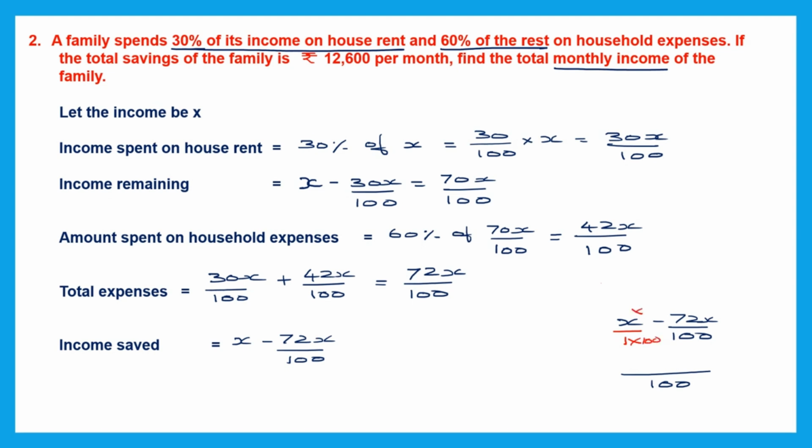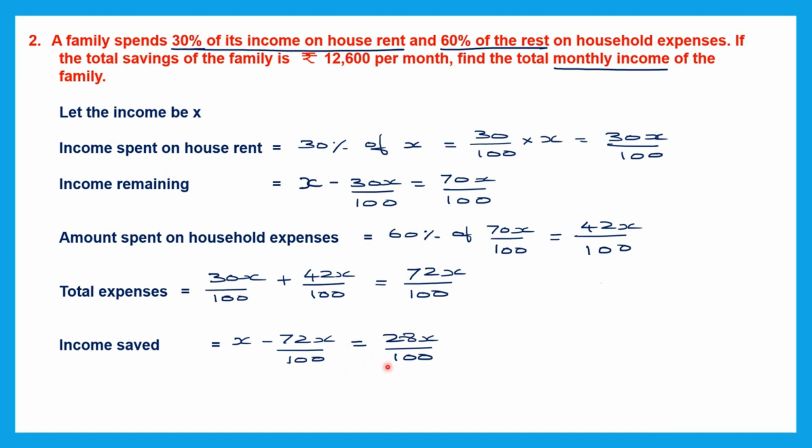So we multiply x also by 100. So we get 100x minus 72x. 100x minus 72x is 28x, and in the denominator we have 100. So here income saved is 28x by 100. That means these are the savings.